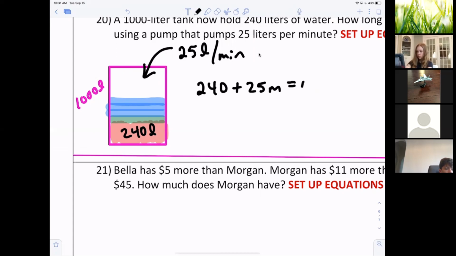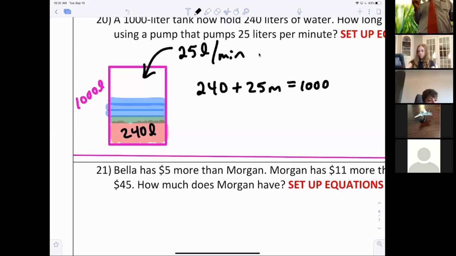It's going to equal 1,000. Does that make sense? Homeschool guys, is that making sense? 240 plus 25 liters per minute I'm adding, and eventually it's going to total 1,000. Anybody have any questions? I don't care about solving it.